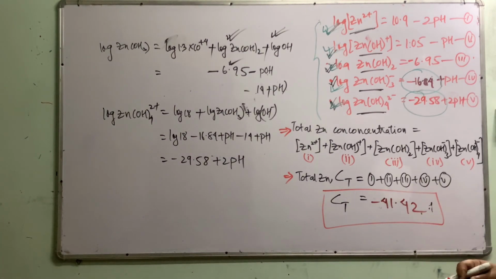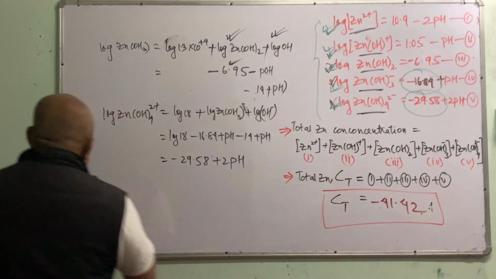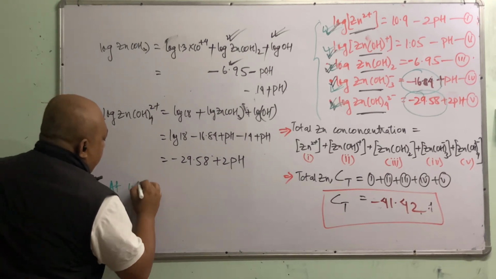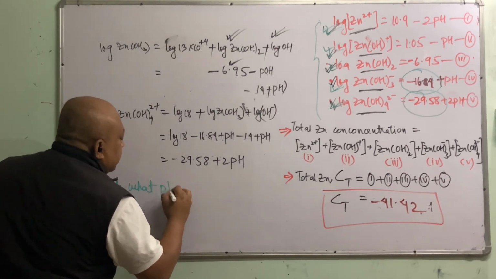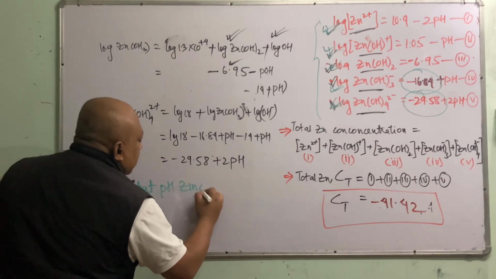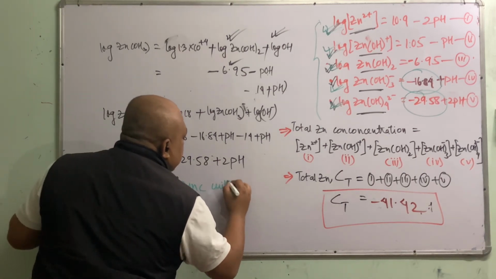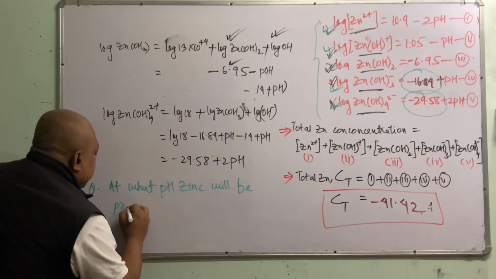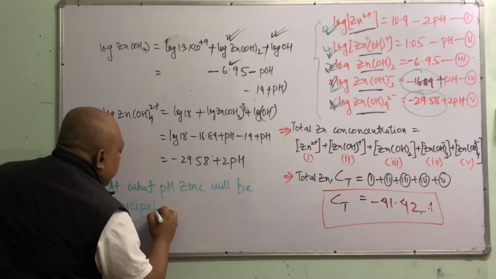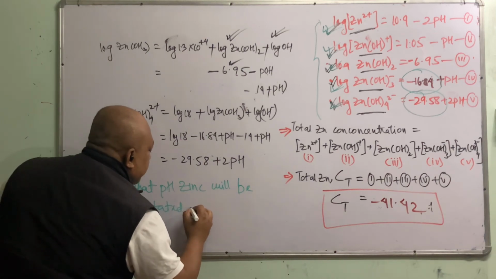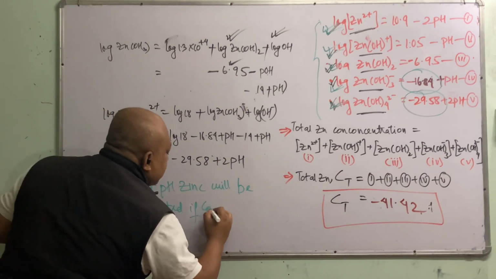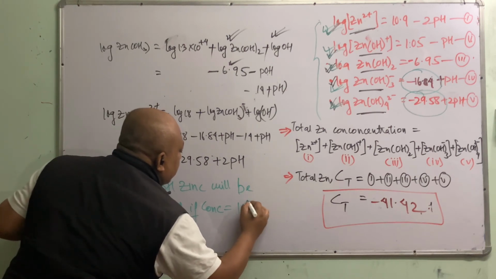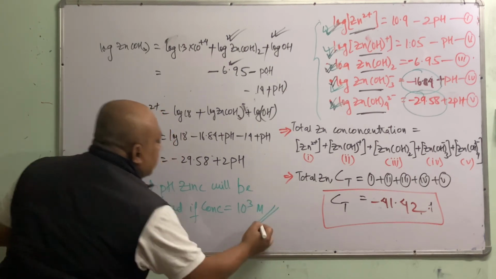Say for example, the question will be something like, at what pH zinc will be precipitated if the concentration is equal to 10 to the power minus 3 moles.